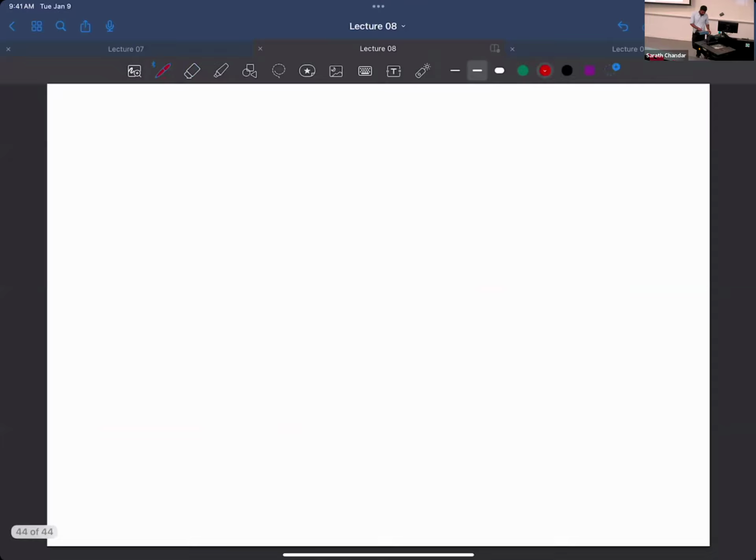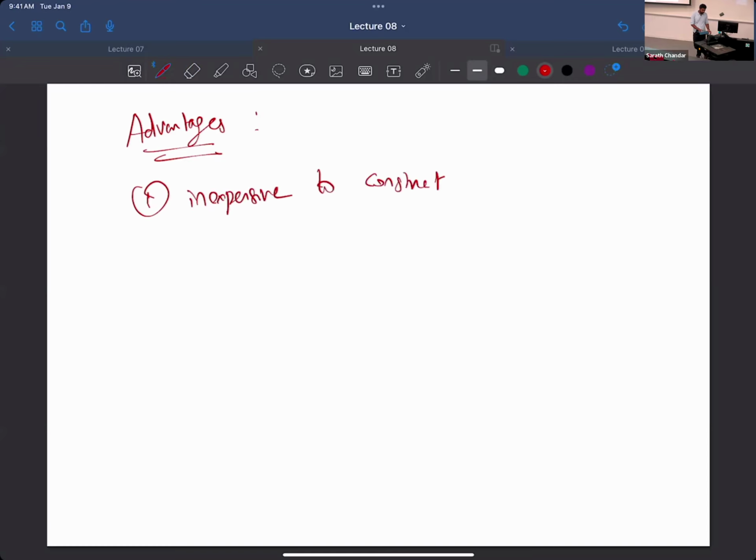Now there are a lot of nice advantages of using decision trees. First of all, they are very inexpensive to construct. So easy to implement. There are extremely fast implementations of trees that are available. And they are also very fast in inference, because all you have to do is follow the tree.